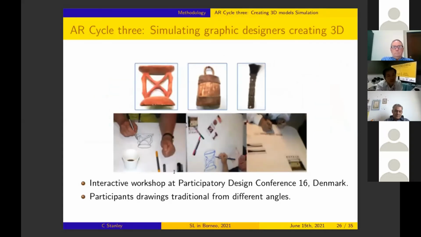And then also we took it to Denmark, just simulating how the graphic designers would create a 3D model given an image of the traditional artifact. For example, this is a headrest, and then we gave them the actual thing, and some of them were not actual, just images.